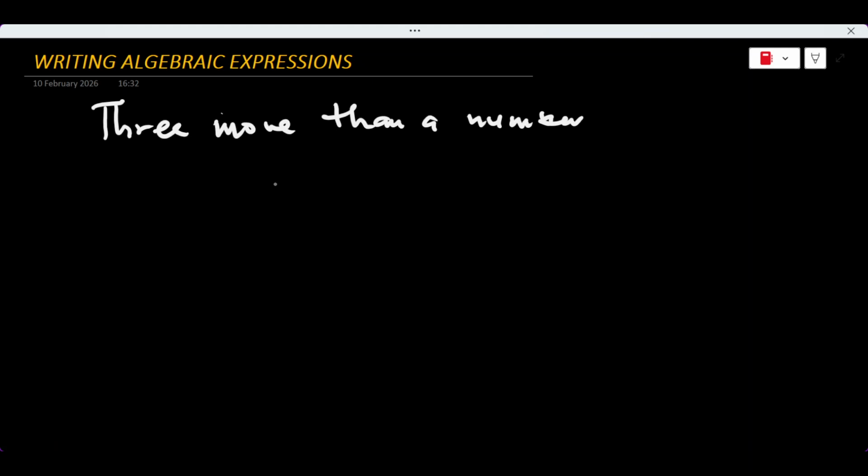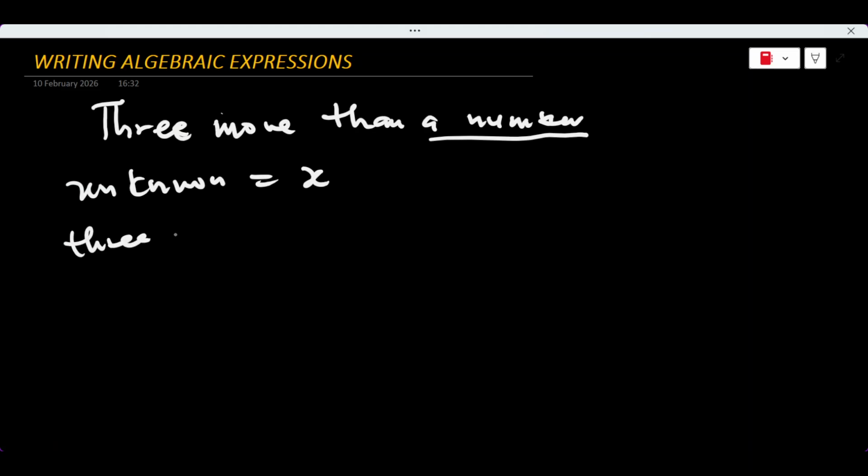Let's solve this together. Alright, so let's start with what? The unknown number. Here the statement reads 3 more than a number. So the unknown, let's call it X. And then we have 3 more than. Anytime you hear the words more than, it means addition or plus.